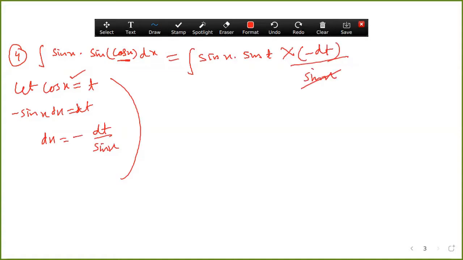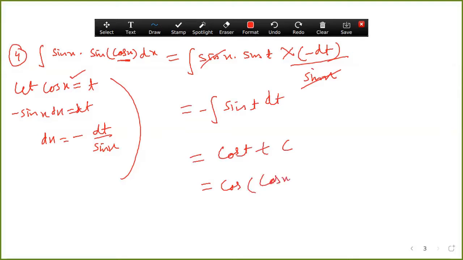Now the sin x is cancelled by this sin x, giving minus sin t dt. What is the integration of sin t? It is minus cos t, and the minus is here, so it is plus cos of t plus constant. Now put the value of t. t is cos x plus constant, that is the answer.